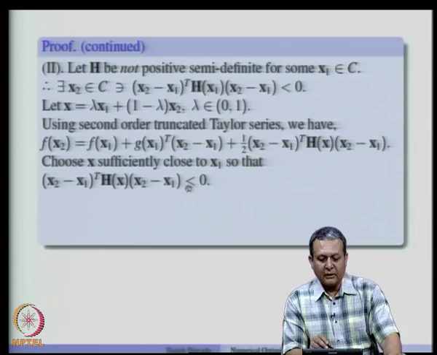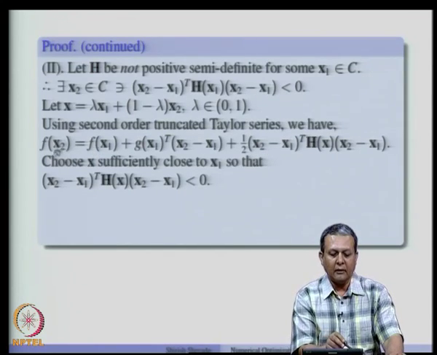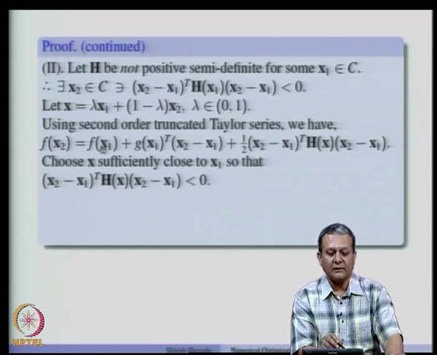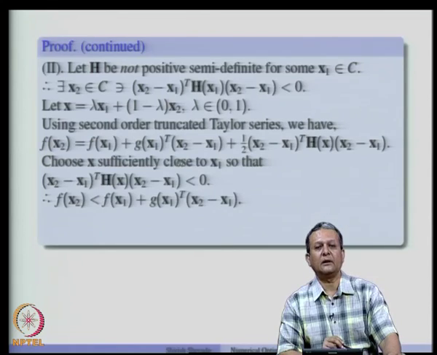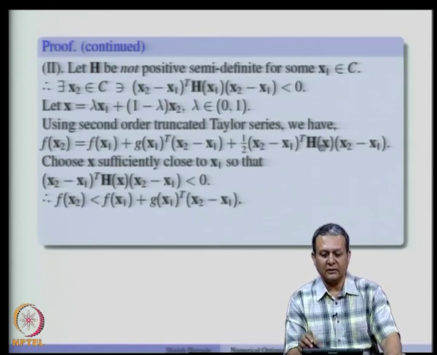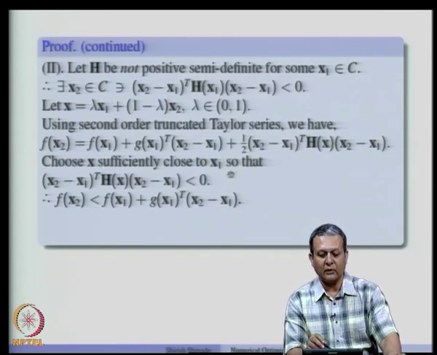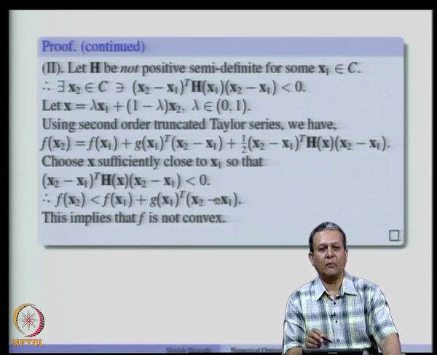Now, if this quantity is less than 0, then f of x2 will be strictly less than f of x1 plus g(x1) transpose (x2 minus x1), because if x is sufficiently close to x1, the last quantity becomes strictly less than 0, and we can write this. And since this is true, certainly f is not convex because of our earlier theorem.